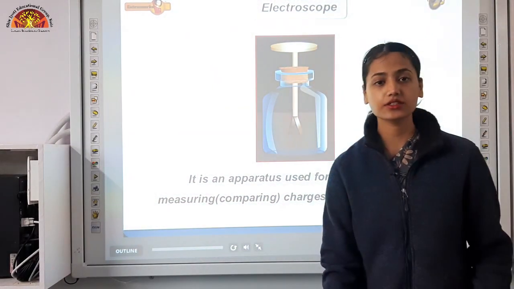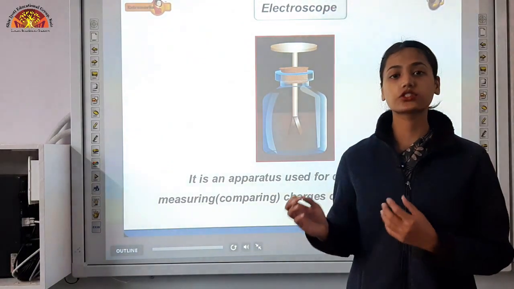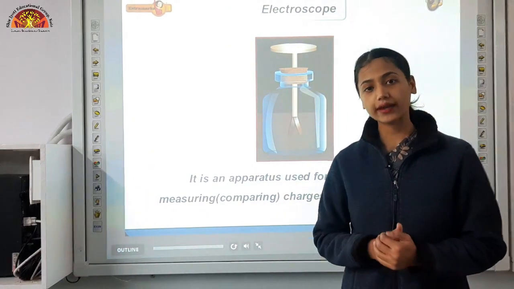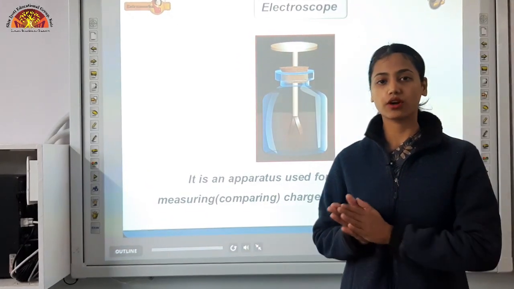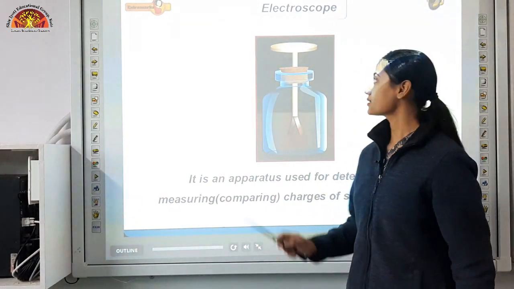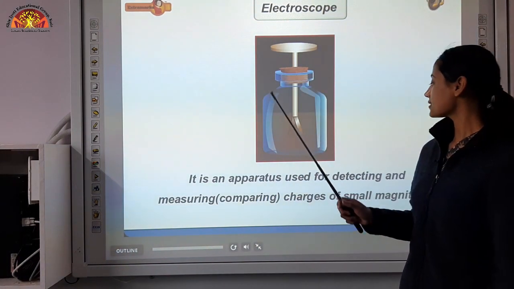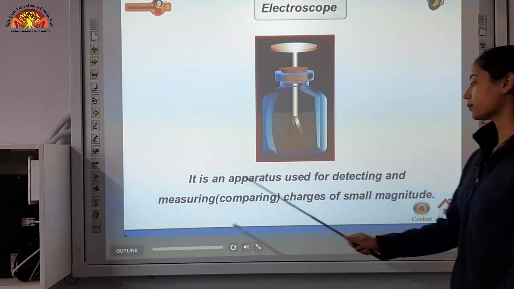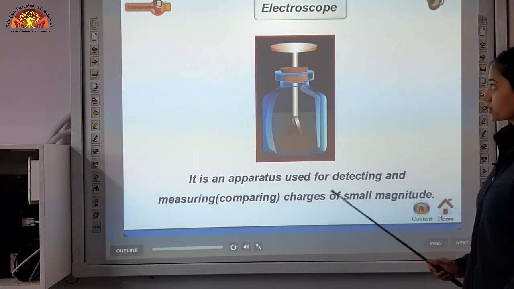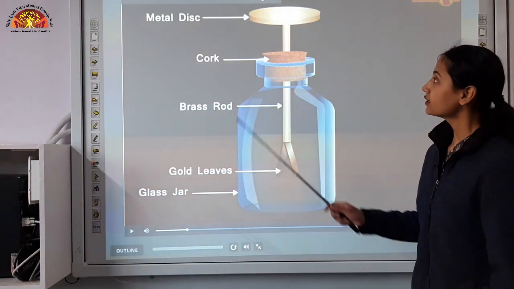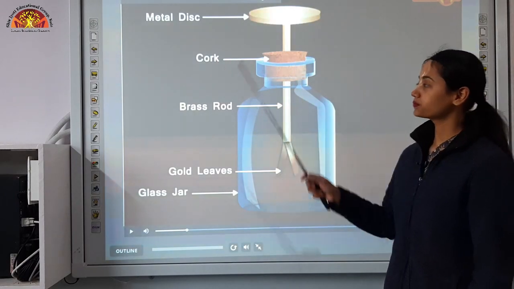Now in some cases we don't know whether a body is charged or not. To find out whether a body is charged or uncharged, we use a device known as an electroscope. It is a device used for detecting and measuring charges of small magnitude. We'll study the gold leaf electroscope.